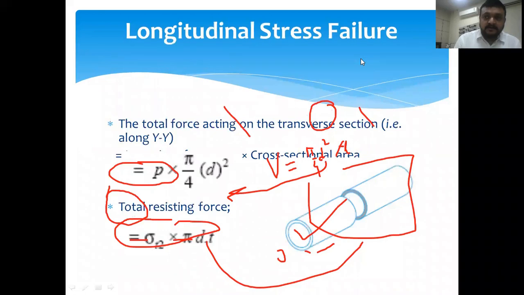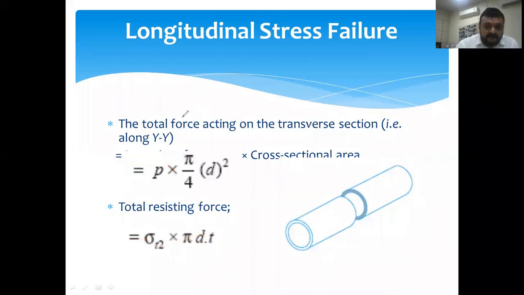Now the second type of failure in the thin cylindrical shell is where it is split into two cylinders along the longitudinal stress. This is the longitudinal stress acting over the area. P is the pressure force acting over the circular area, pi by 4 D square, and it is resisted by this strip.